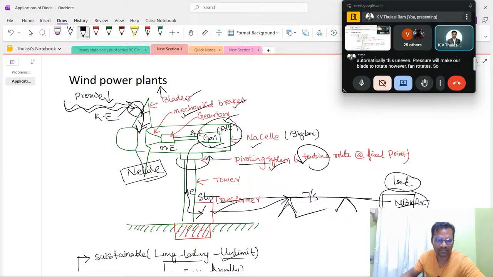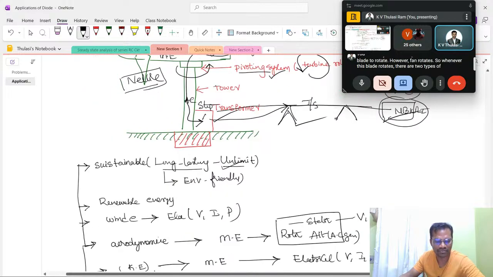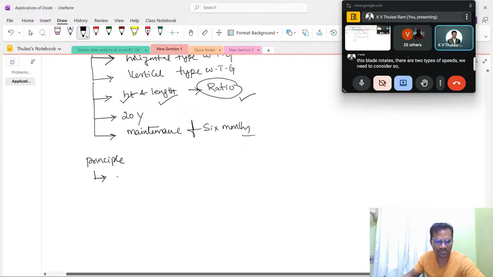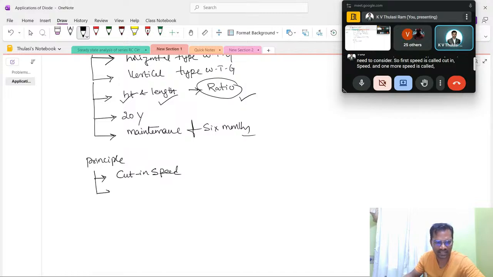Whenever this blade rotates, there are two types of speeds we need to consider. The first speed is called cut-in speed, and the other is called cut-out speed. So what is cut-in speed and what is cut-out speed? Cut-in speed is the minimum speed required by our wind turbine generator to start rotation.